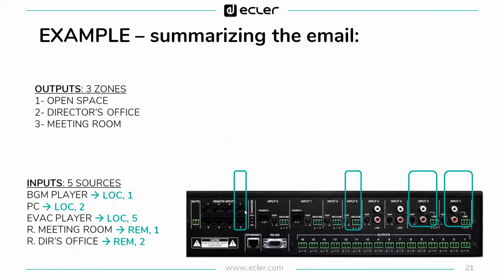And in the remote inputs, if you're using WPA Mix-T, you can connect 8 more microphones. But paging microphones cannot be daisy chained. Paging microphones, only 2, pager A and pager B in inputs 7 and 8 here.